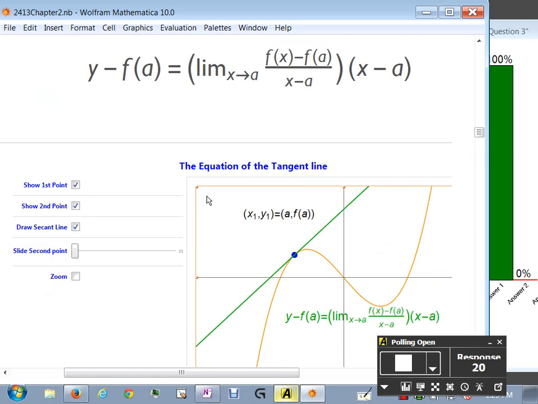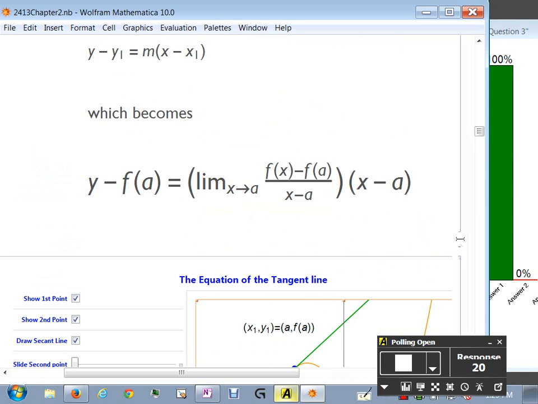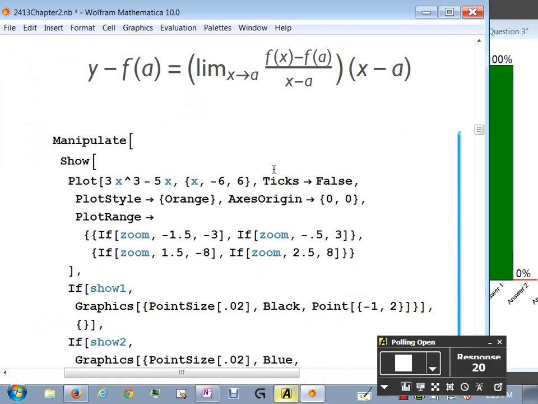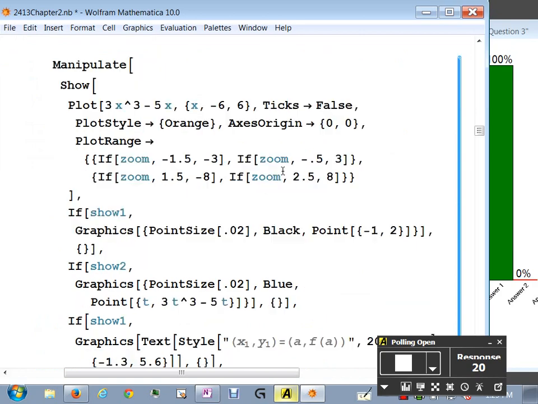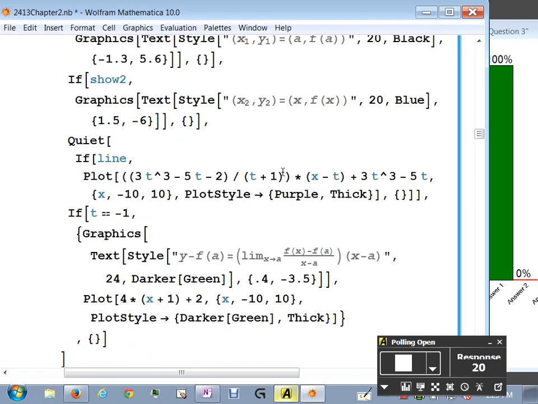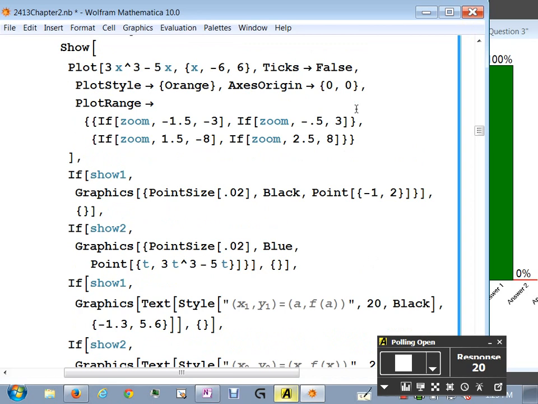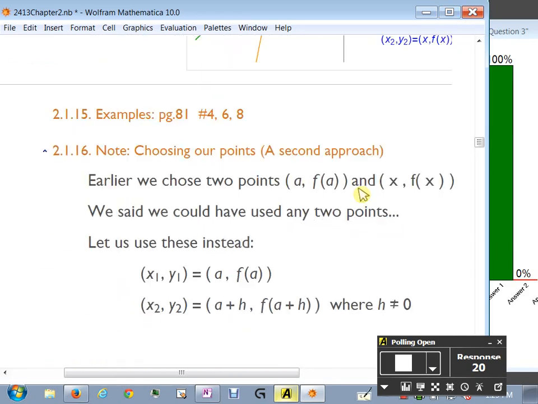And let's do this. Let me see. I want to do this function right here. 3x cubed minus 5x. 3x cubed minus 5x. Y'all with me? 3x cubed minus 5x.